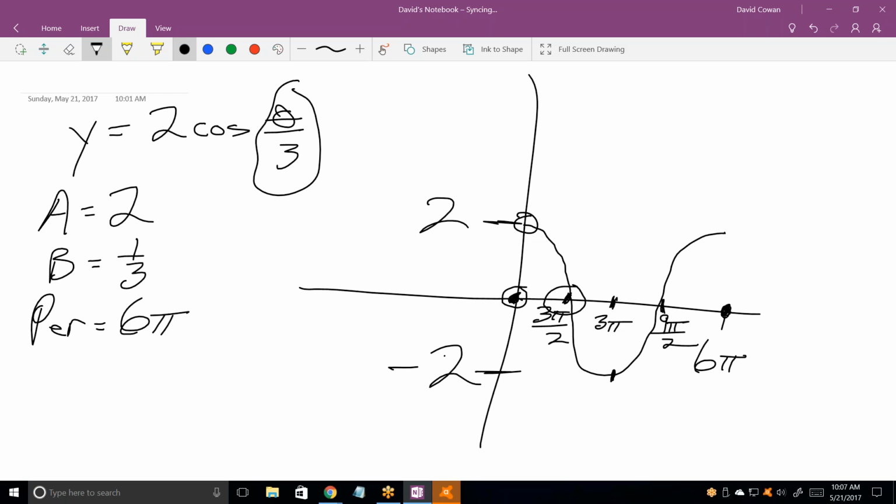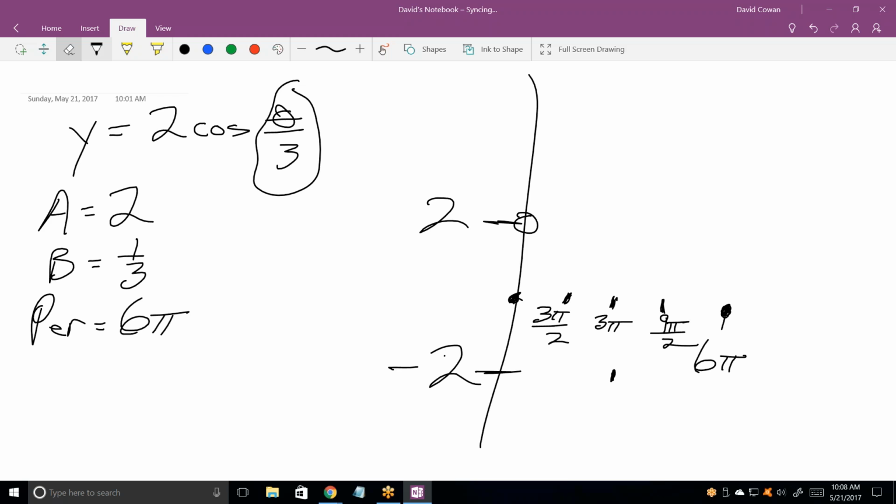And you can see that if I wanted to graph this thing, my quarter points are absolutely necessary. If I want to graph it, I'm not starting with the graph, I'm starting with these quarter points. And there's 5 of them, because there's the beginning one, there's the ending one, and there's the 3 in the middle.